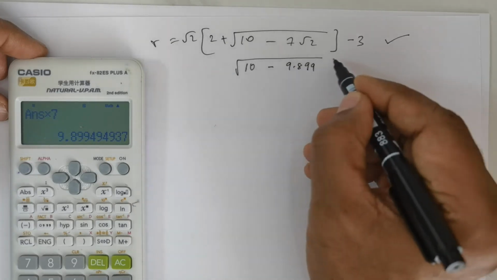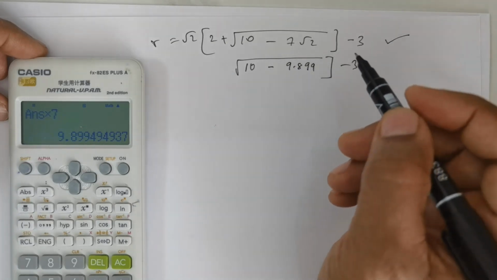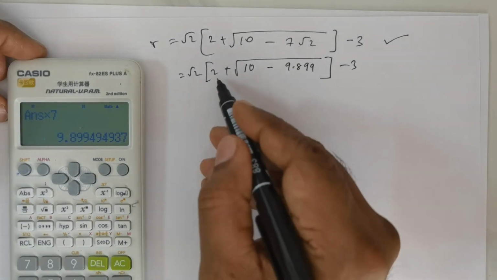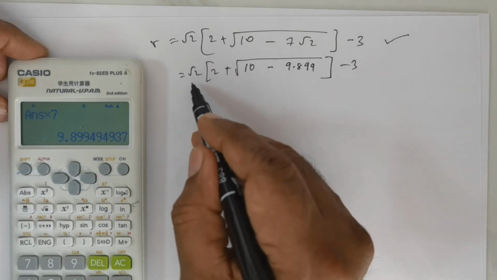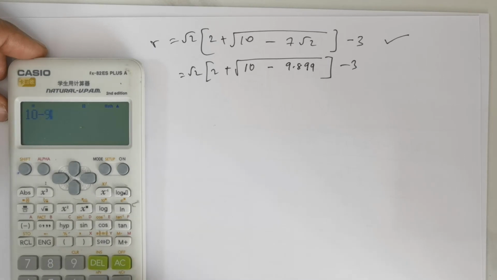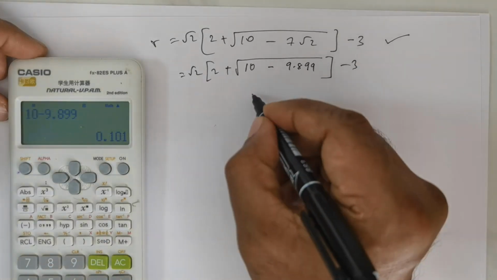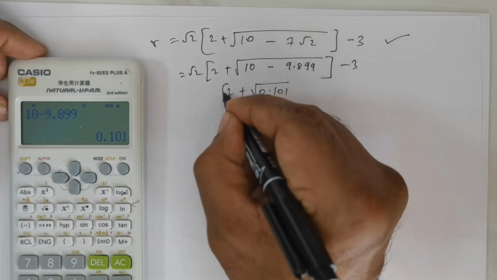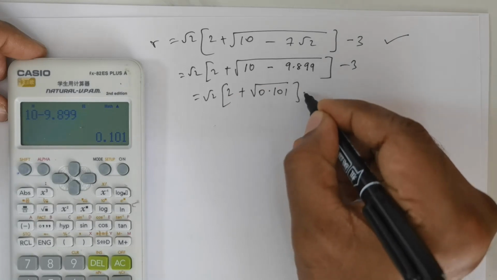So this is going to be root of this value. So you have a negative 3 there, so positive 2, and then you have a product of root of 2. Now 10 negative 9.899, what is that? This is giving me root of 0.101 and negative 3.